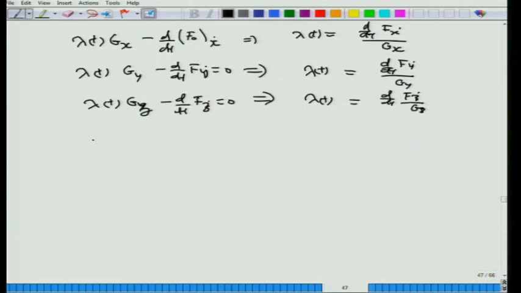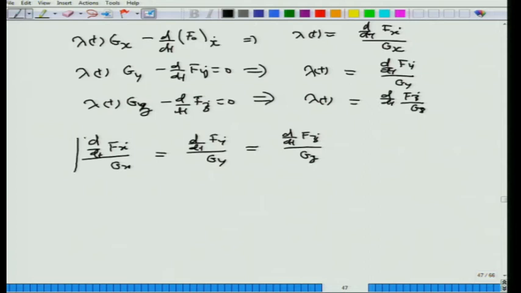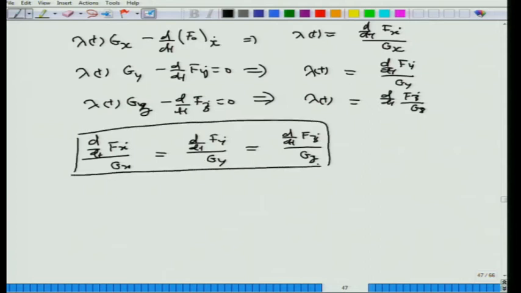So, we get d by dt of f x dot over g x equal to d by dt of f y dot over g y equal to d by dt of f z dot over g z. So, this is what we get in the general case, and let us call it 13.2.